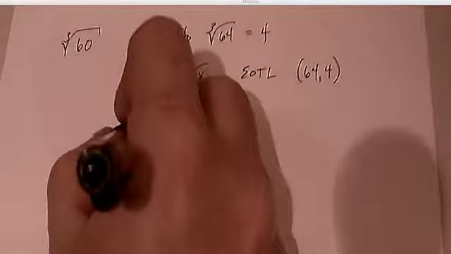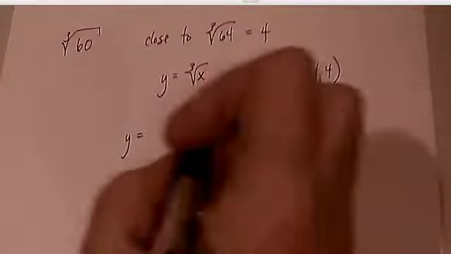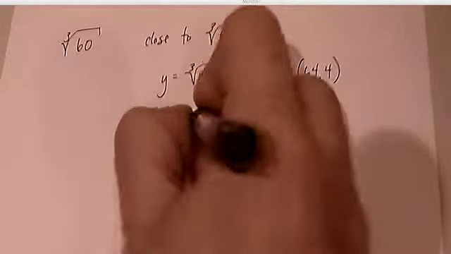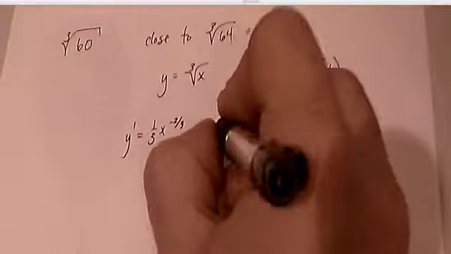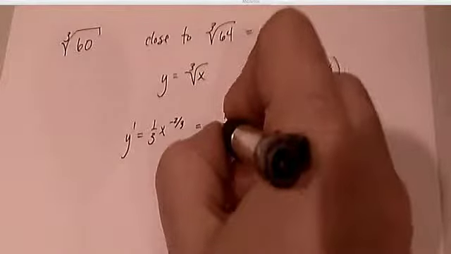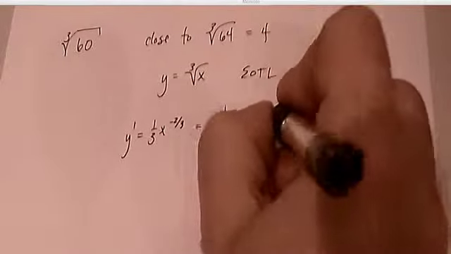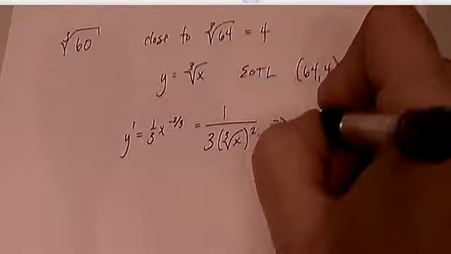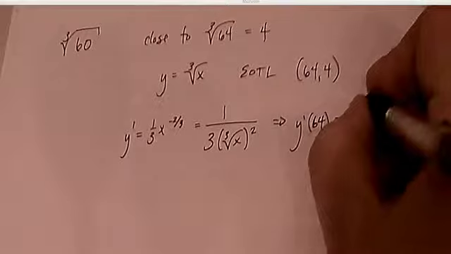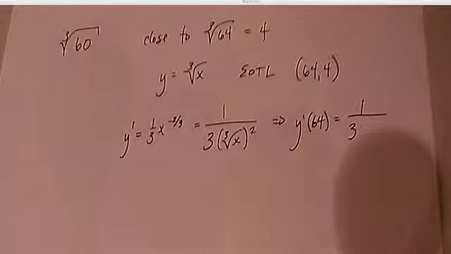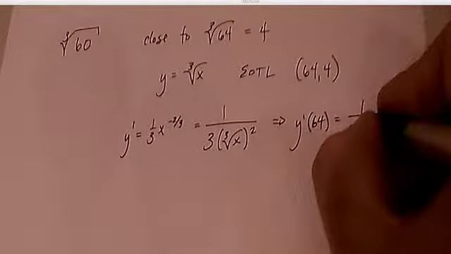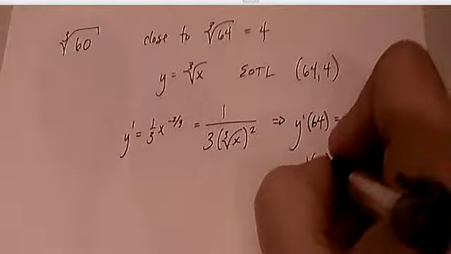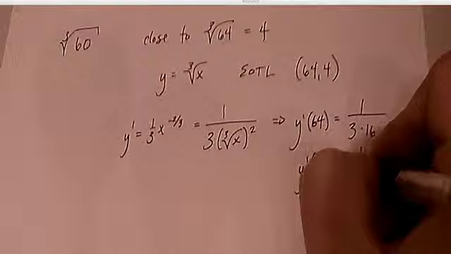Okay, well that winds up being y prime is equal to 1/3 x to the negative 2/3, or 1 over 3 times the cube root of x squared, right? And if I want to evaluate that at 64, it is going to be 1 over 3 times, well, the cube root of 64 is 4, squared is 16, and so y prime of 64 is going to be 1/48.